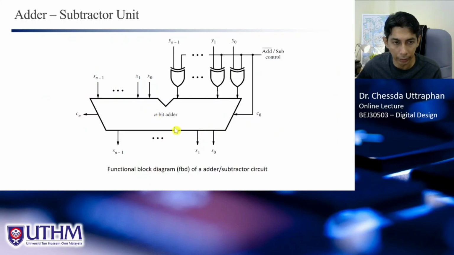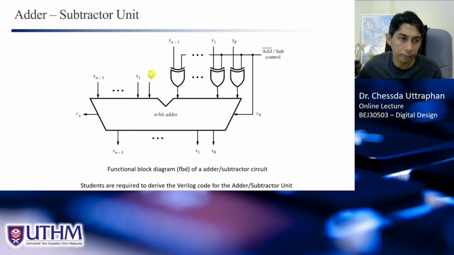So everything is using an adder actually, right? So this is the hardware or the circuit for the adder subtractor circuit. This circuit can perform either add or subtract depending on this control signal.